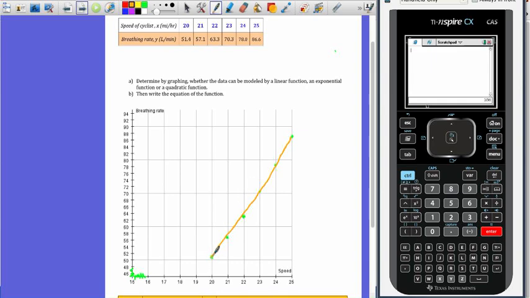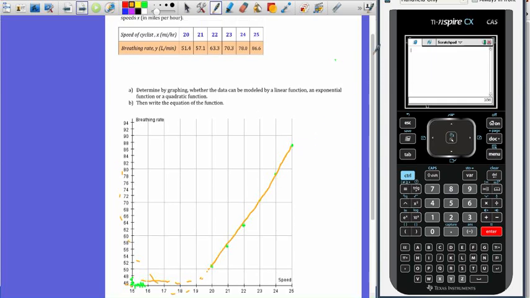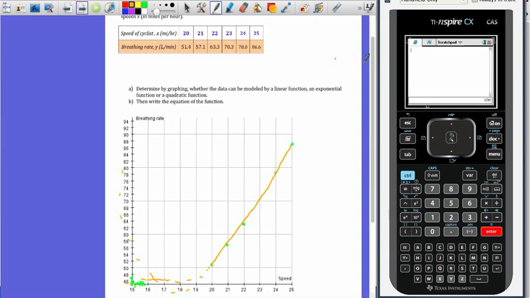Of course, this could be exponential, or indeed could potentially be one of the branches of a quadratic function. And so what we're going to need to do to be sure is to look at our table of values.